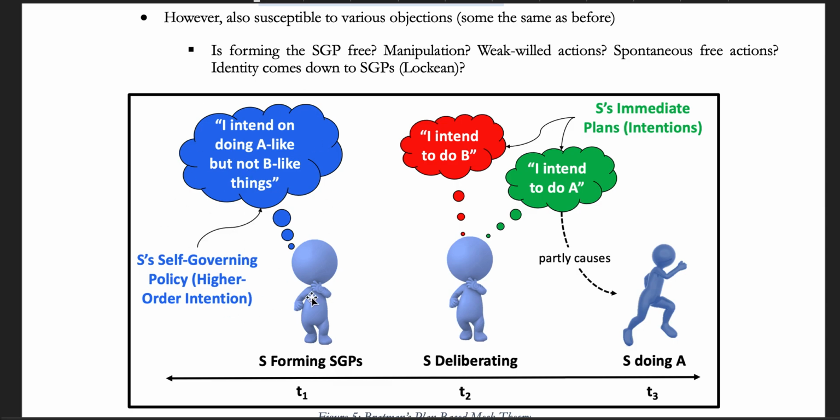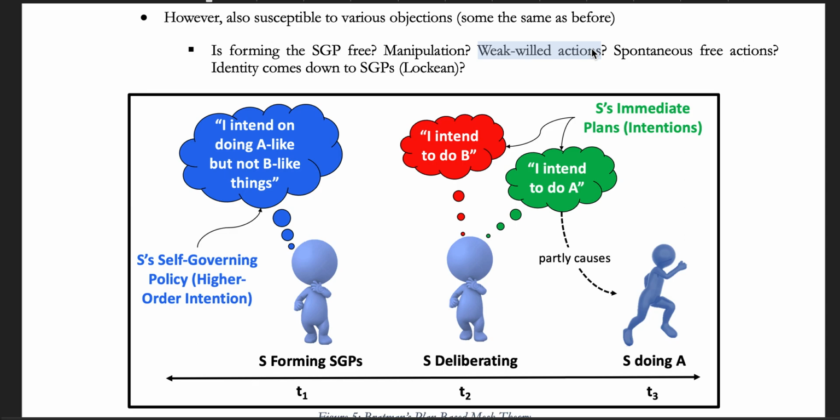Is this free? How you form your self-governing policies? How do we know that that's free? And really you, right? Is there no you before the self-governing policies are formed? Again, weak-willed actions are not going to be free.